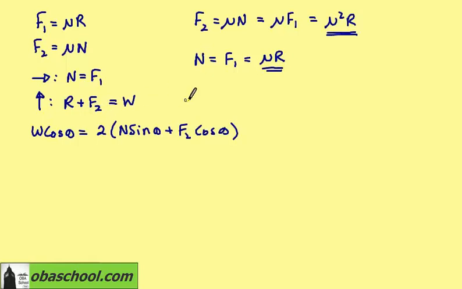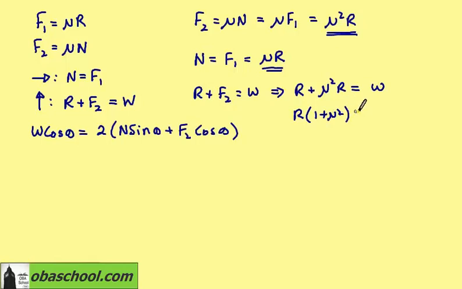Now let's look at this equation. R plus F2 is equal to W. This means that R plus mu squared R from above is equal to W. Take out an R into 1 plus mu squared is equal to W. We can now take all of these and substitute into the final equation.